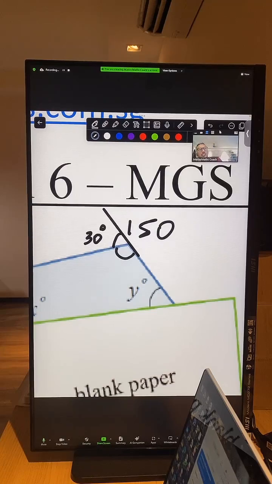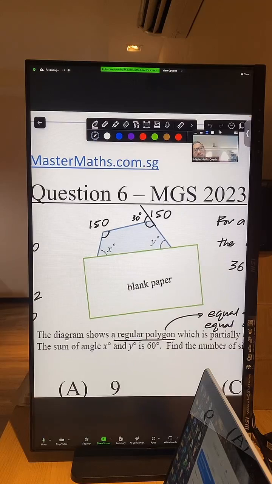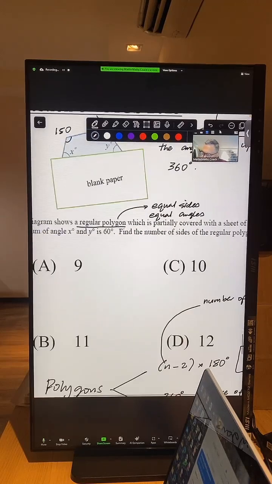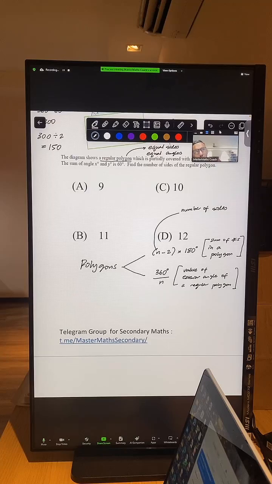Why is it 30 degrees? Because we know that angles on a straight line add up to 180. So for this particular polygon, my exterior angle is 30 degrees. So I can use both formulas to solve this question, but you can see straight away that the easier formula to use will be the 360 over n formula.